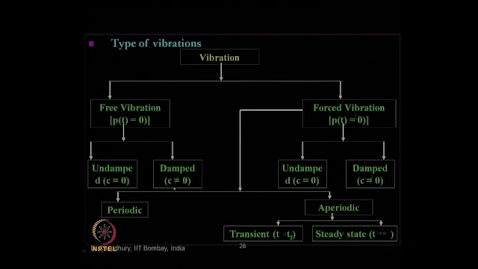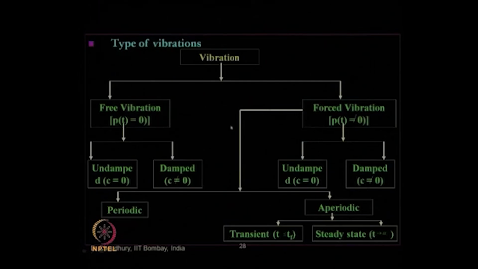And damped free vibration system is when we are considering that damping is non-zero, that is damping is present. Similarly, forced vibration also can be sub classified as undamped forced vibration when we do not consider any loss of energy, and damped forced vibration when we are considering loss of energy through the damper.